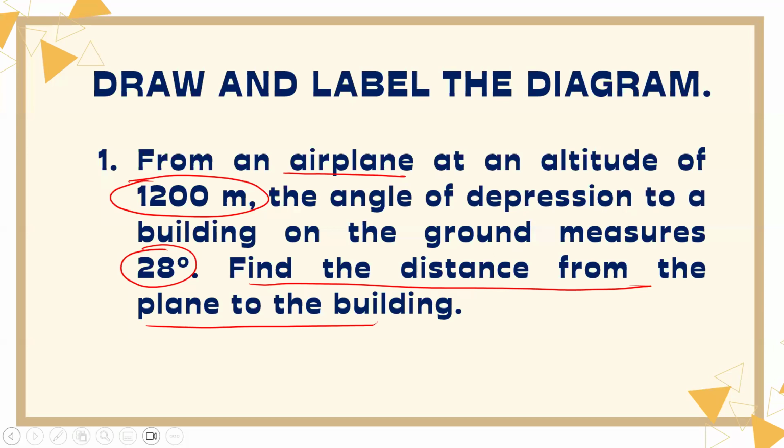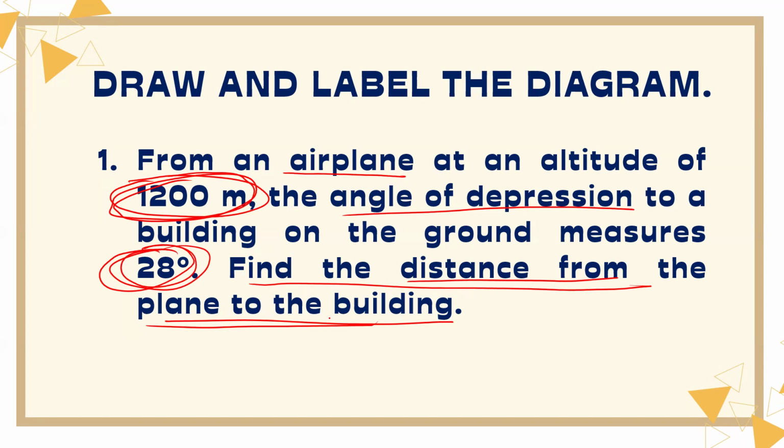Okay, let's go back to the question. You have the altitude, the height of the airplane from the ground, and the angle of depression of the building with respect to the airplane is 28 degrees, and we need to know the distance from the plane to the building.